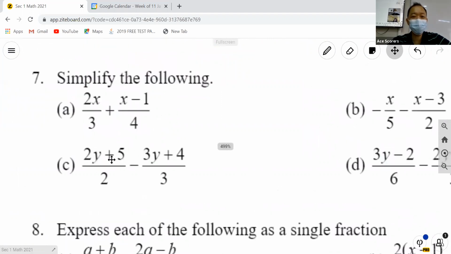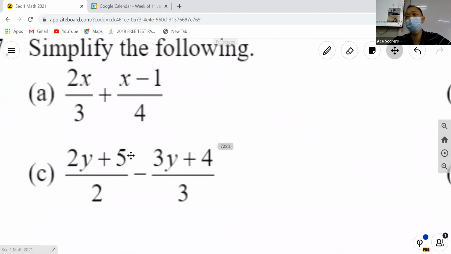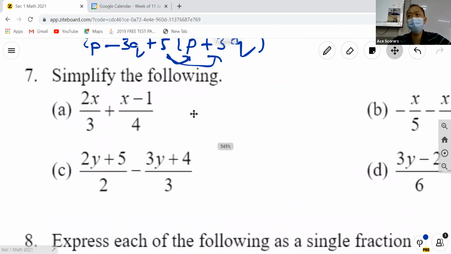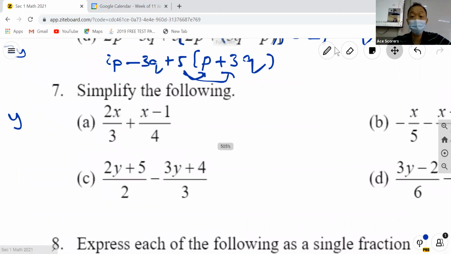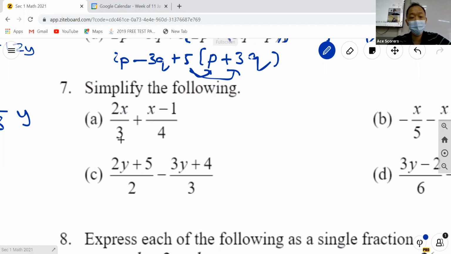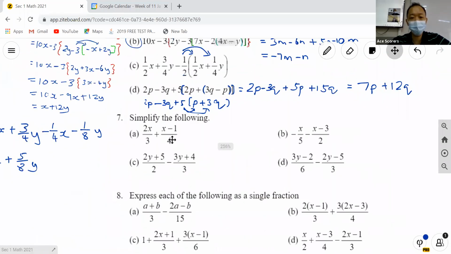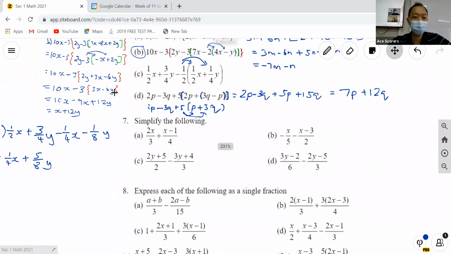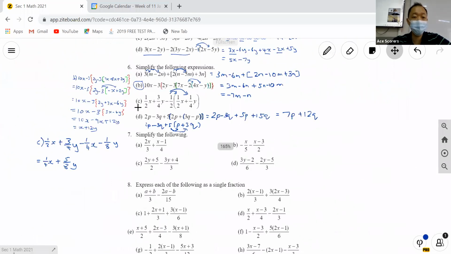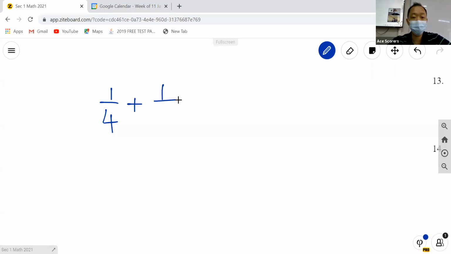Okay, so what's the next level of algebraic operation? It's fraction. Algebraic fraction. So how do we solve this? Now, let's just recall. When you are adding fractions, let's say 1/4 plus 1/2, what do you need to do?